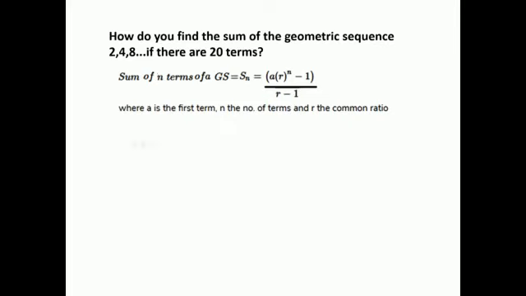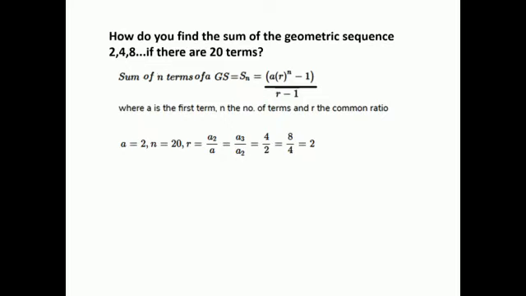Here you can write a. What is a? a is equal to 2. What is n? n is equal to 20. And what is the common ratio r? r is 2. How did you get 2? 4 by 2, 8 by 4. This is the way you can find the common ratio. You only have to divide one term by another, because it is already given that it is a geometric sequence.